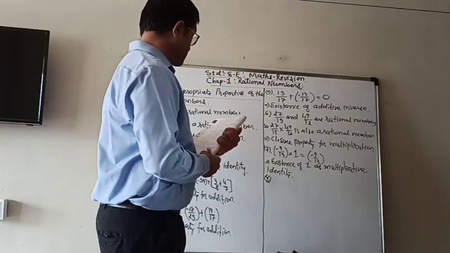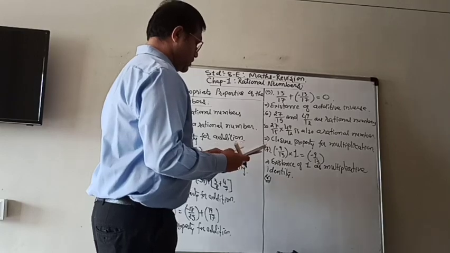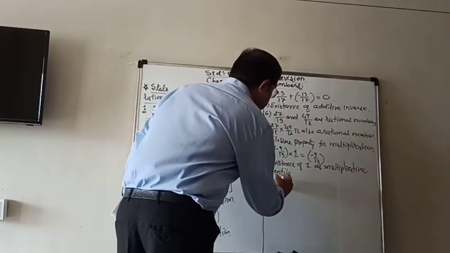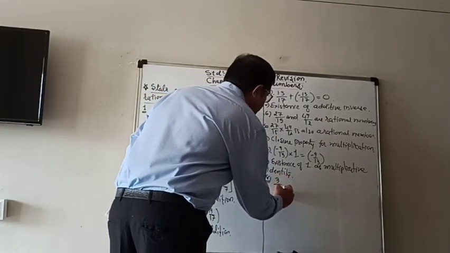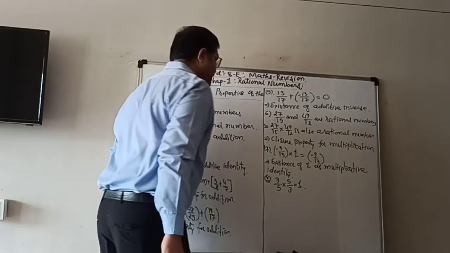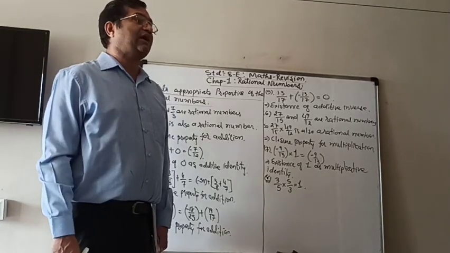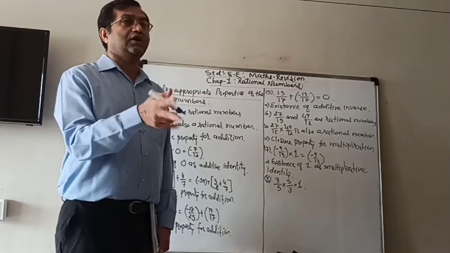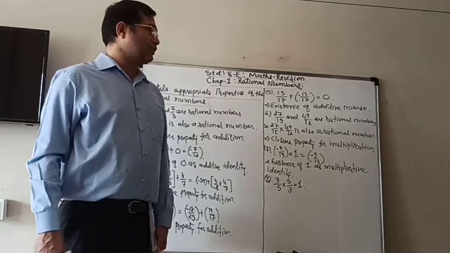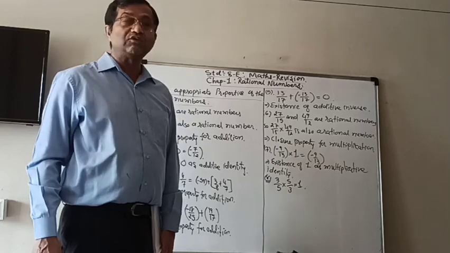Eight. Three upon 5 multiplied by 5 upon 3 is equal to 1. So here we can see that they are the reciprocals or the multiplicative inverses.